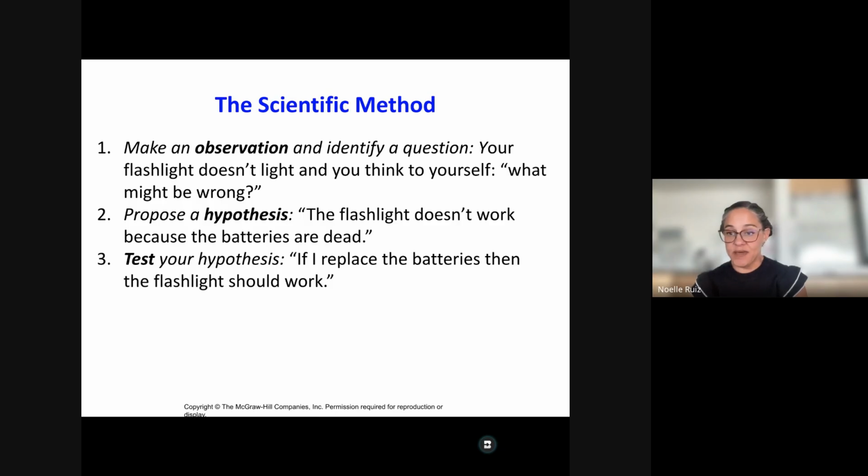And then testing that hypothesis, the experiment step, that's what you actually go about doing. You get new batteries, you unscrew the flashlight, put in new batteries, turn it on. We're testing that hypothesis that the batteries don't work.